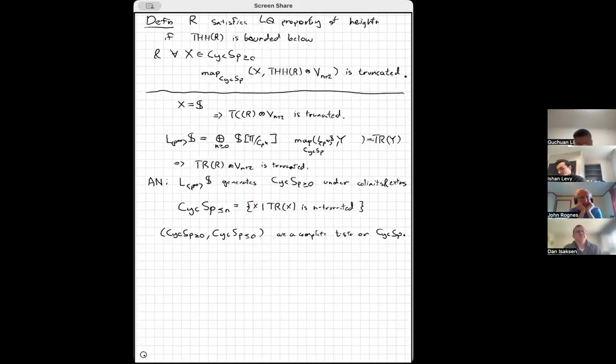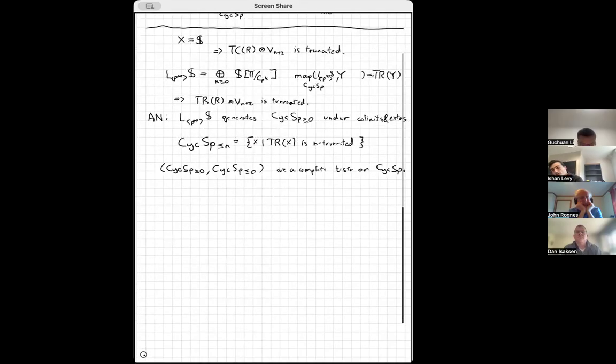Okay, so whether or not your spectrum is connective, or TR is co-connective, is a reasonable measure of connectivity in the category of cyclotomic spectra. And so now we can reformulate this Lichtenbaum-Quillen property.